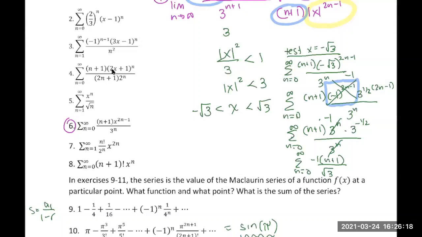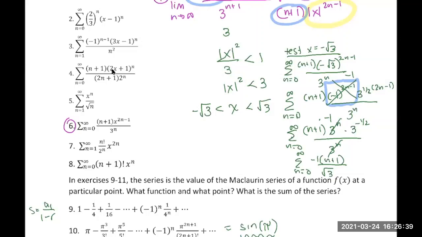Take the absolute value of it. You end up with infinity as an answer, so that's going to be divergent. At this point, because it's not alternating, we wouldn't go to AST. If we did, it still wouldn't have passed for this one anyway. So at this point, you would say you wouldn't include negative square root of 3. Does that make sense to you guys?